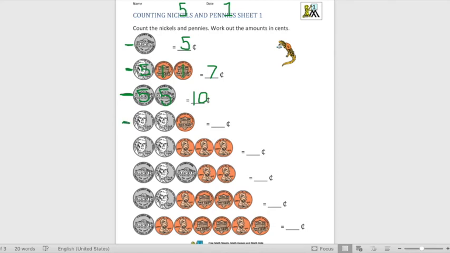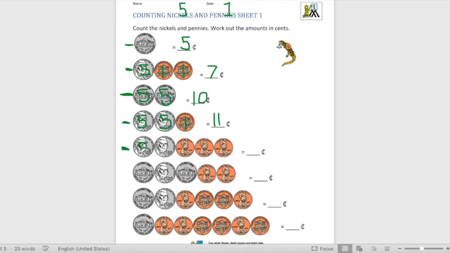We're on this problem. We have 5, 5, and 1. So that's 5, 10, 11 cents. Next problem.